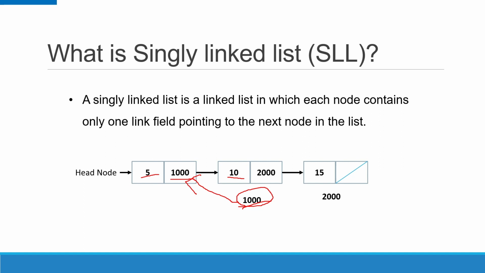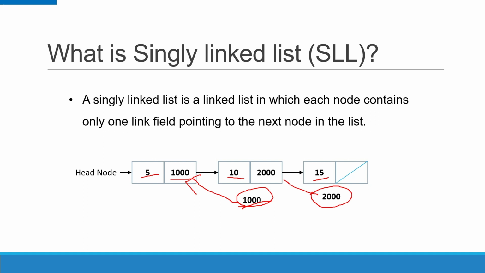In the same way, consider your third data, 15. It is residing at memory location 2000. So 2000 is nothing but the memory address of 15. Where is this 2000 stored?